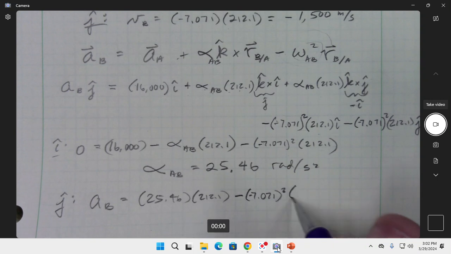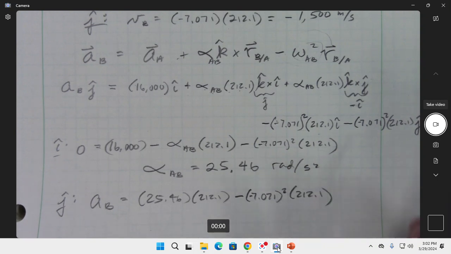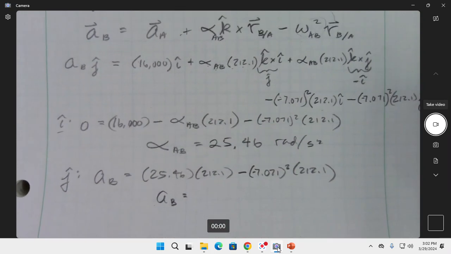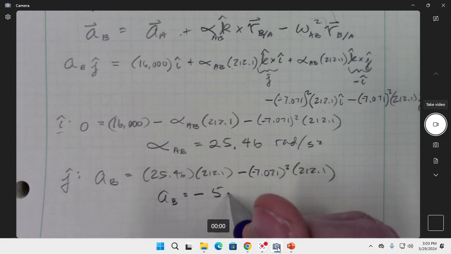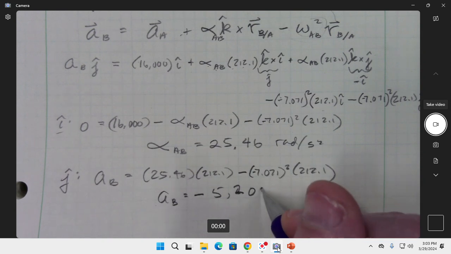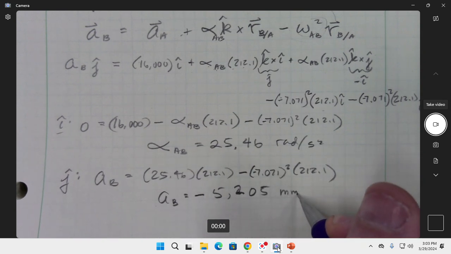Acceleration of B: 212.1 times, and then you get 7.071 squared times 212.1, minus, I get a negative 5,205. And these are millimeters per second squared.